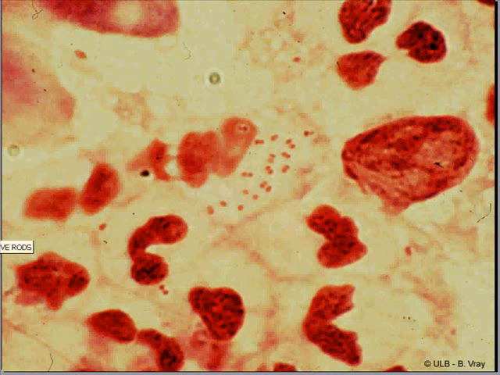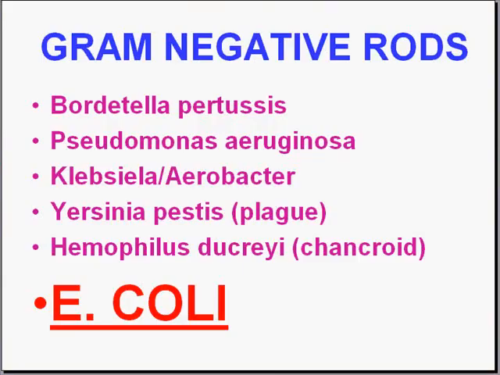So let's get into our last group here, called gram-negative rods. Most bacilli are gram-negative, and they cause a wide variety of infections. Some of them live normally in the colon. They cause a wide variety of pulmonary, renal, and soft tissue infections.